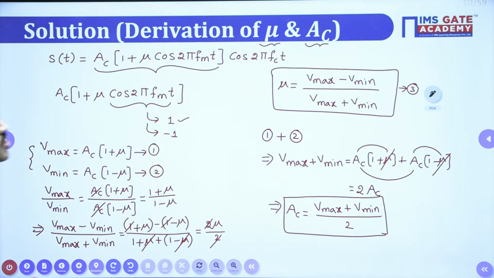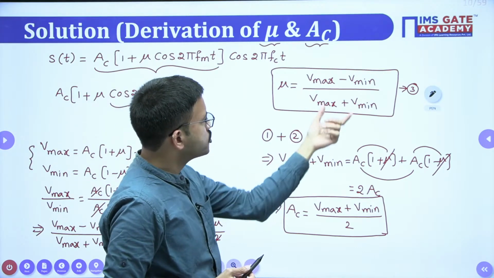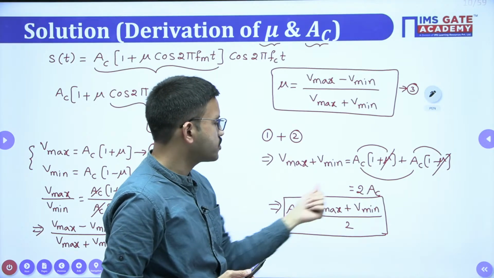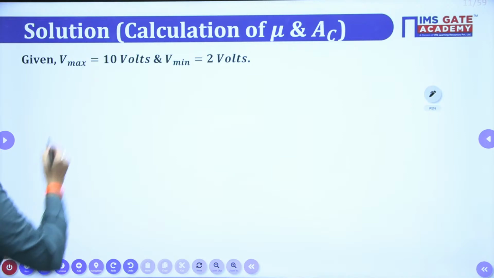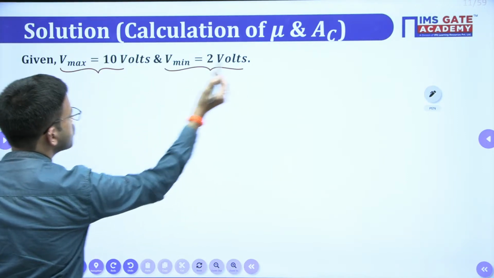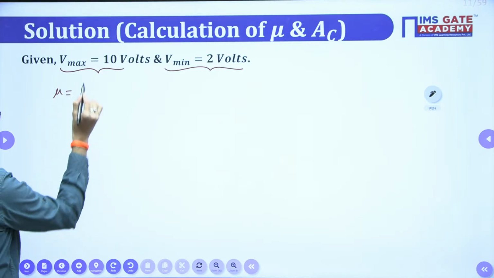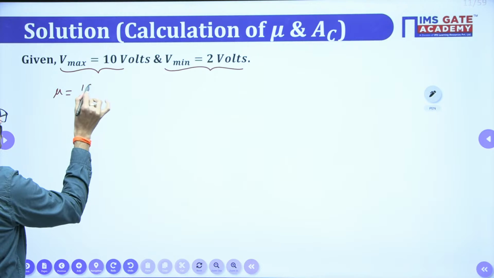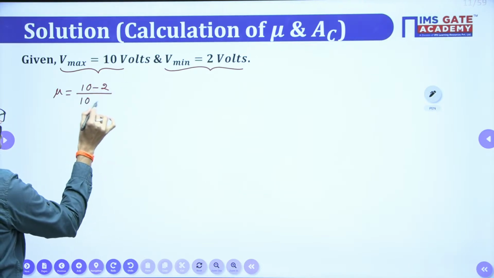Now in the question they have given Vmax and Vmin. If you substitute, you will get the mu value. Similarly, you will get the AC value. Here in the question, the maximum value is 10 volts and the minimum value is 2 volts. So just substitute in the standard formulas. We got mu equal to Vmax minus Vmin, that means 10 minus 2, divided by Vmax plus Vmin, that is 10 plus 2.